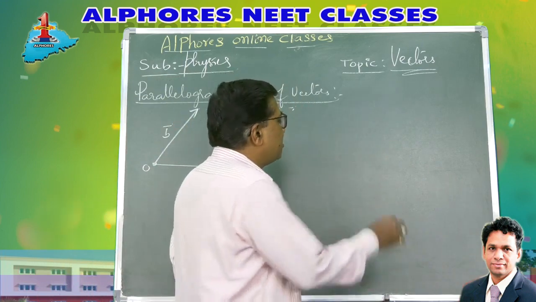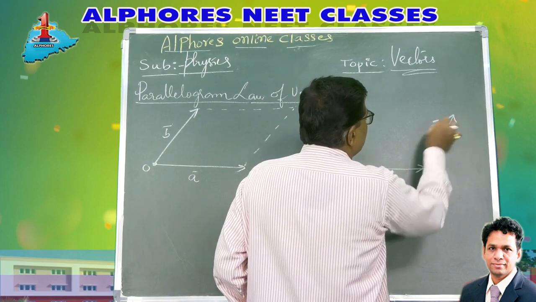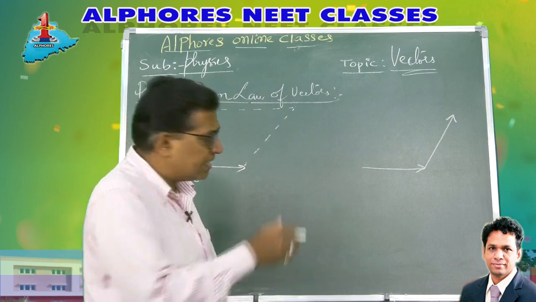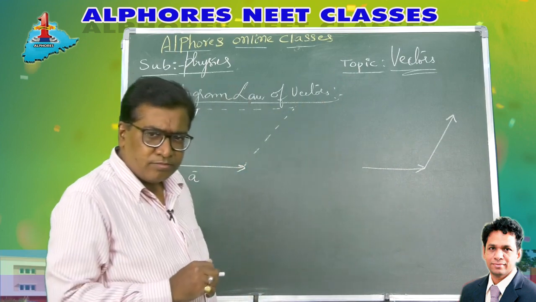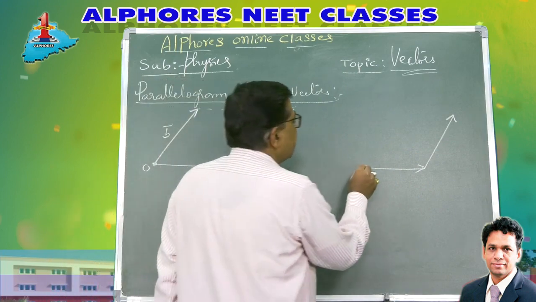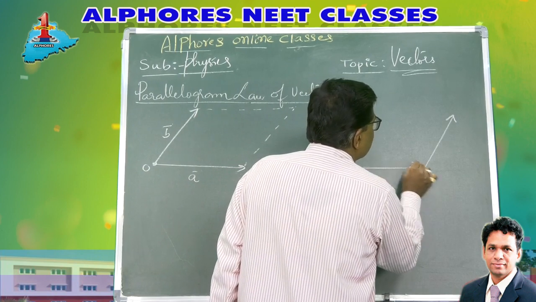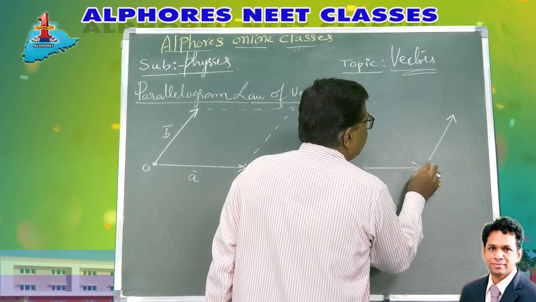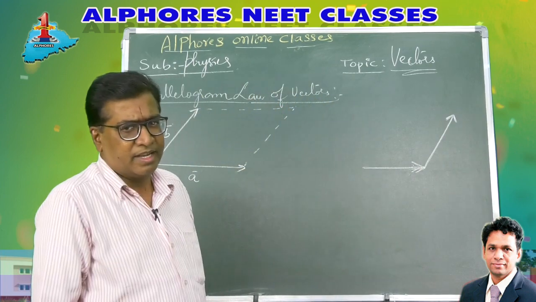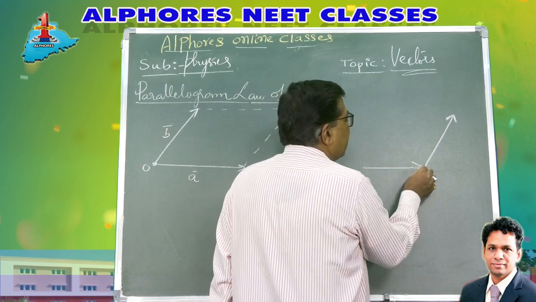The geometrical method is, if two vectors, similar of course, belonging to the same physical quantity, are represented as two sides of a triangle in magnitude and direction taken in an order, this is one vector represented as one side. The terminal point of the first vector is connected to the initial point of the second vector like this.